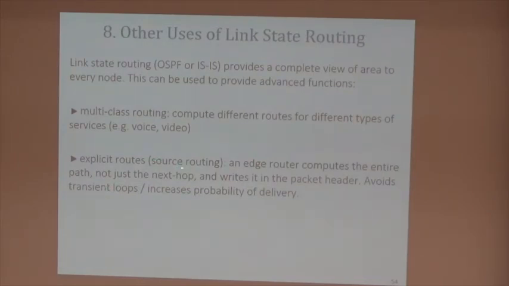And once they have computed a route, they can put the entire path, not just the next hop, in the header. It's possible because an edge router, or any router in an OSPF area at least, has a complete vision of the entire domain. So it can compute not just the next hop, but an entire path.